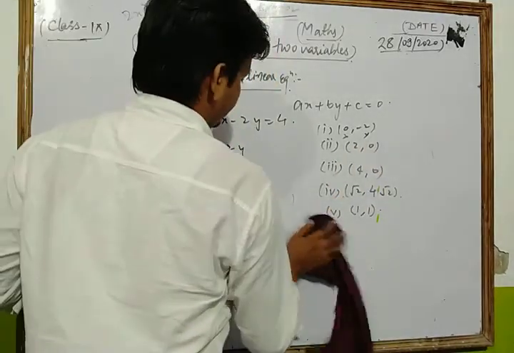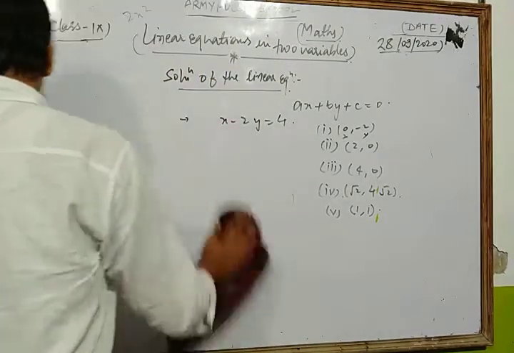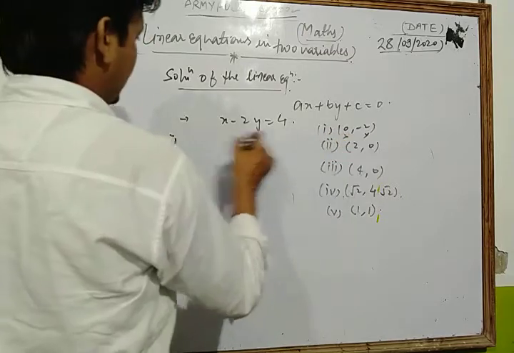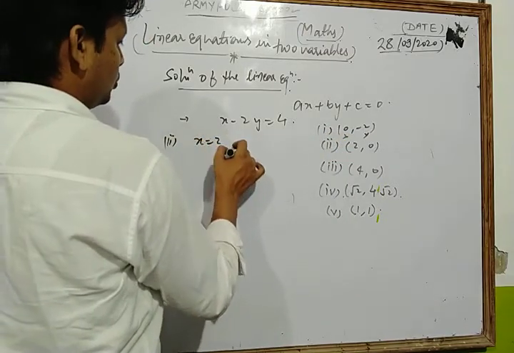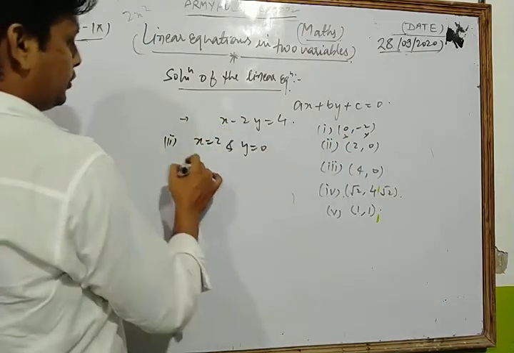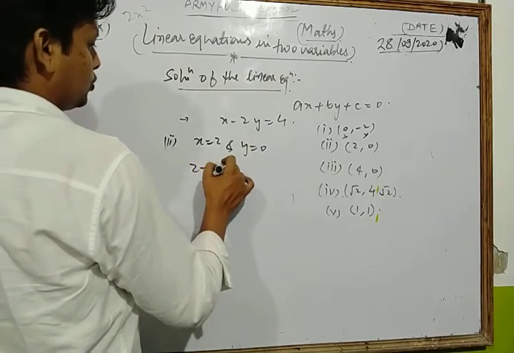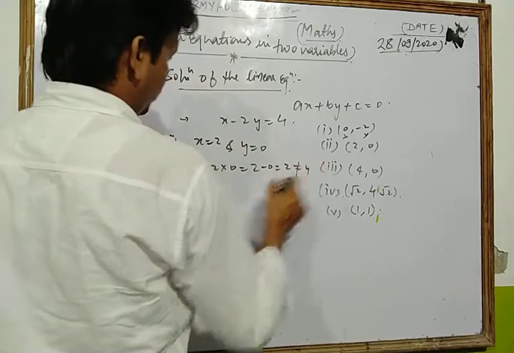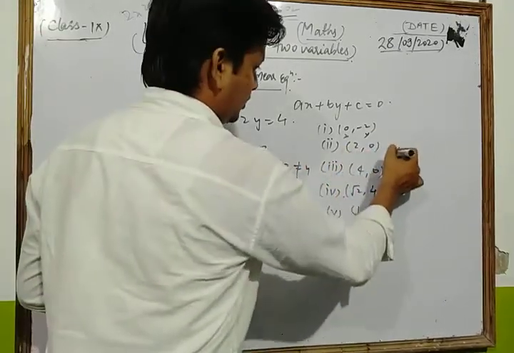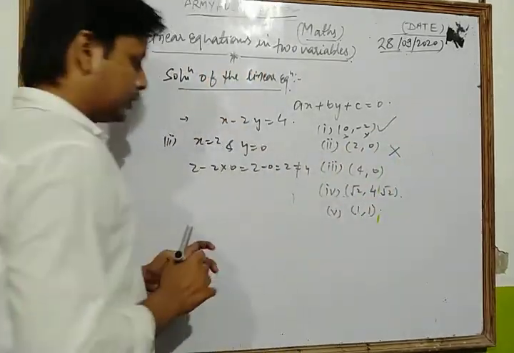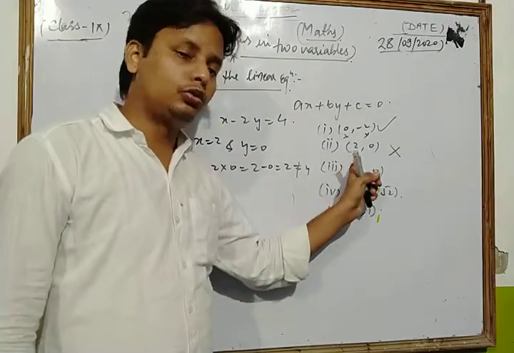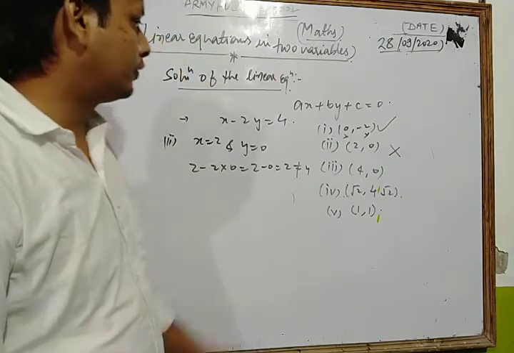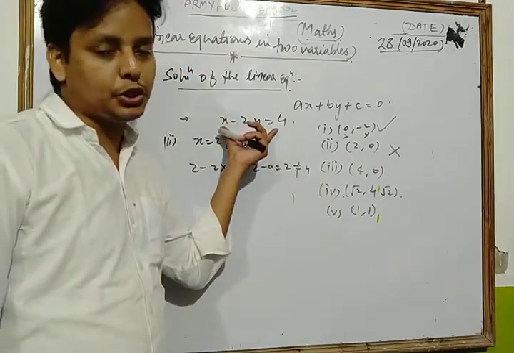If we put x is equal to 2 and y is equal to 0 in that equation, then we get 2 minus 2 into 0, that is 2 minus 0 is equal to 2, which is not equal to 4. Thus the ordered pair 2, 0 is not a solution of the given linear equation.